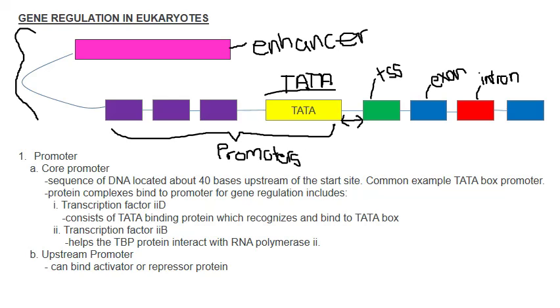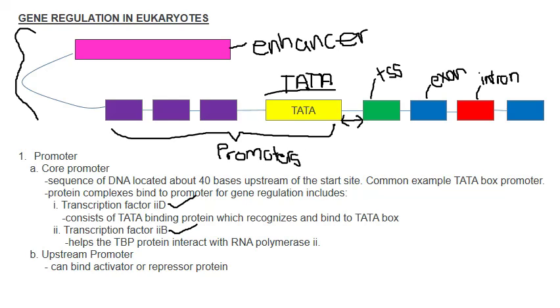Followed by the upstream promoters. Okay, let us go into detail with the TATA box. Over 50 proteins can bind to the core promoter, forming an important complex needed for gene expression. This complex includes transcription factor 2D and transcription factor 2B.